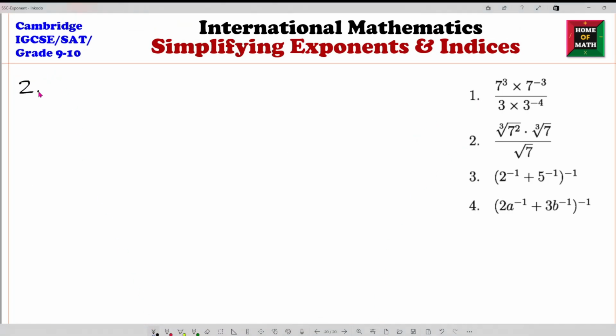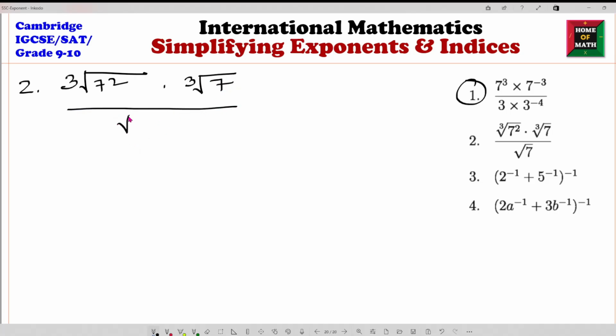Question 2. Number 1 is done. Number 2 is the cube root of 7 squared times the cube root of 7, divided by root 7. So there are several things we can do. We know the nth root of a we can write as a to the power 1 by n.